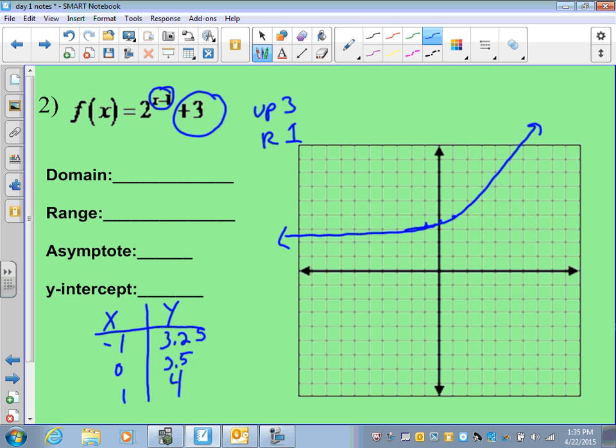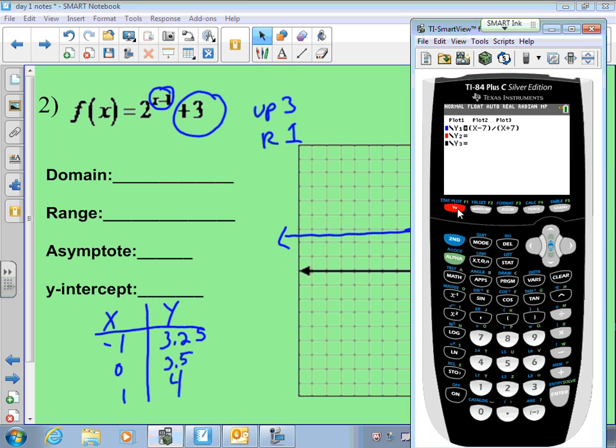And of course, you can always put this in your graphing calculator to get an idea of what the graph looks like.